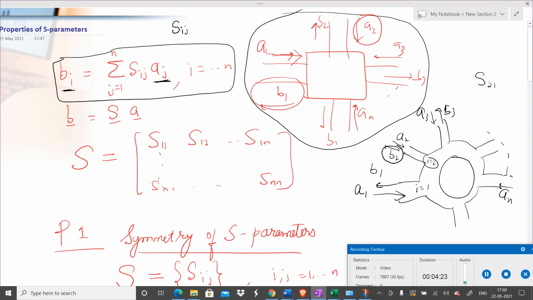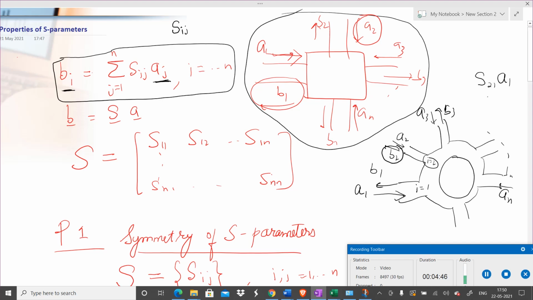So S21 basically talks about what is the contribution of A1 in the reflected part B2.